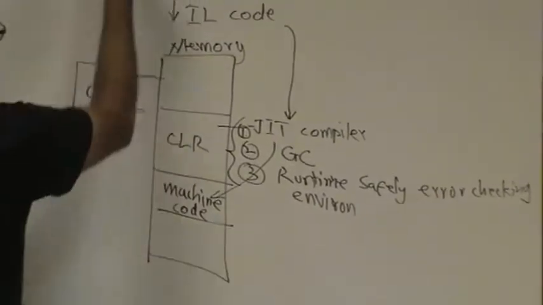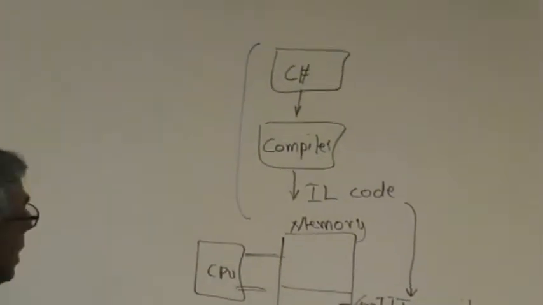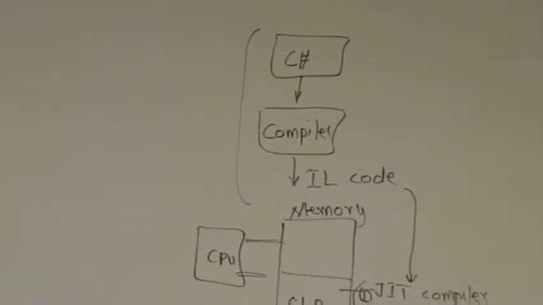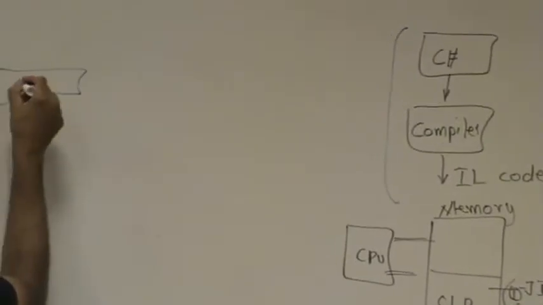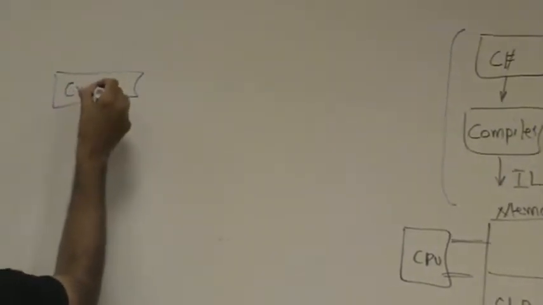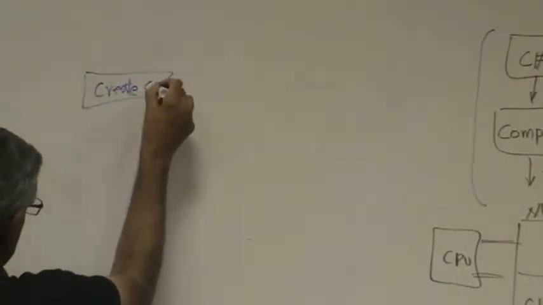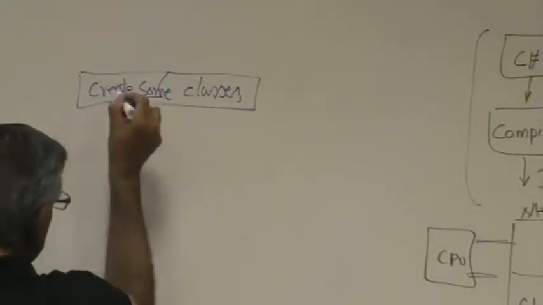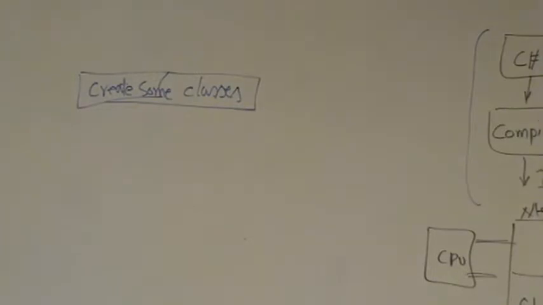Okay. So now we also discussed that when we write programs, we will create some classes of ourselves. So in the object-oriented world, every code that we write belongs to a class.